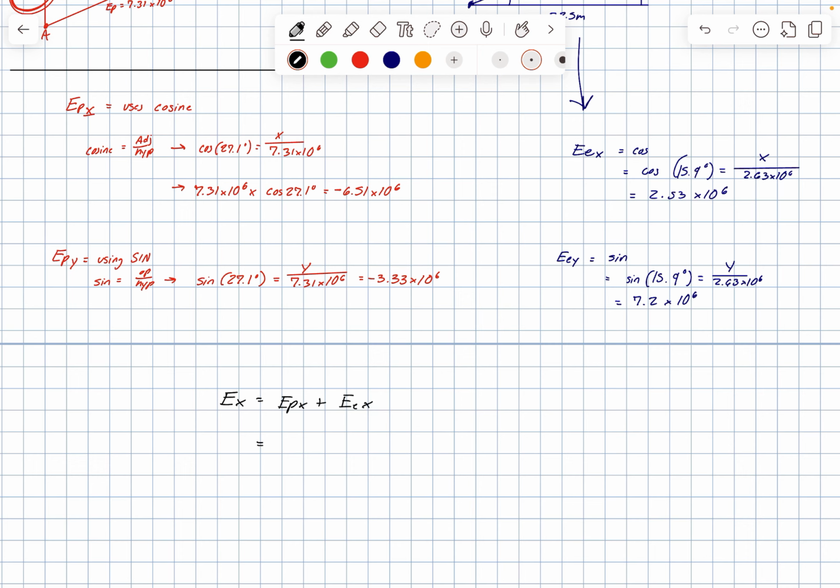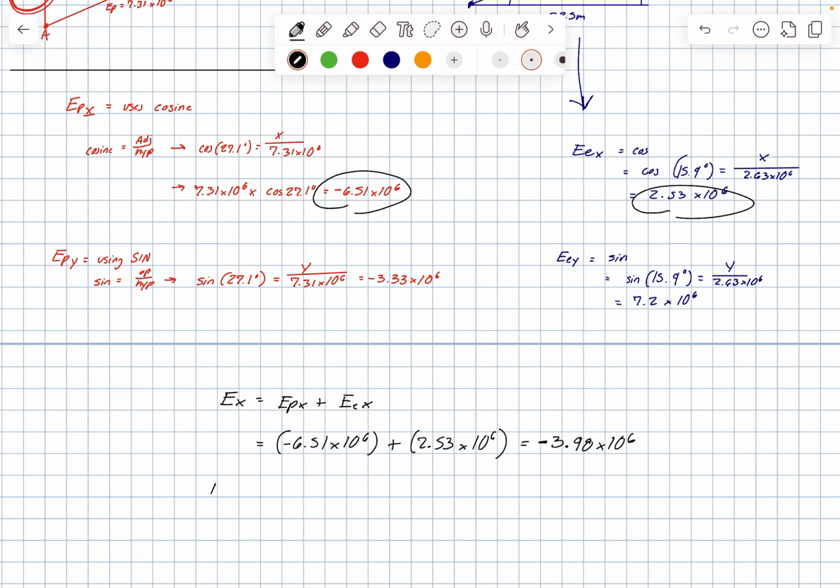That's going to look like negative 6.51 times 10 to the 6th plus this value right here, 2.53 times 10 to the 6th, and when you do that, you should get roughly negative 3.98 times 10 to the 6th.